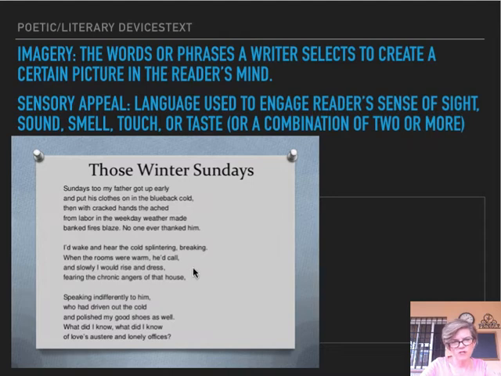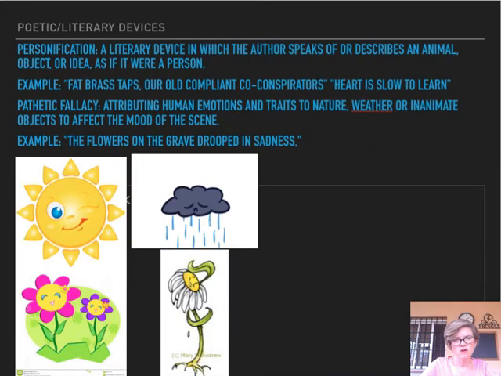Anyway, I could go on, but those are just some examples of imagery and sensory appeal that many poems are rich with.